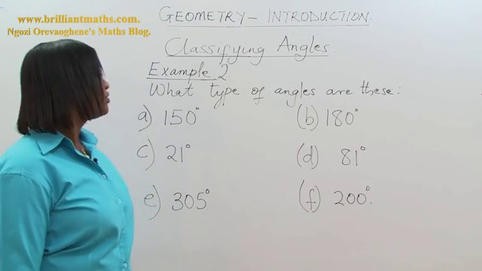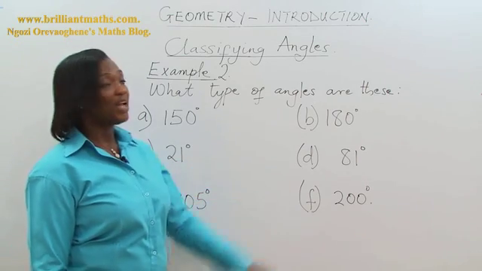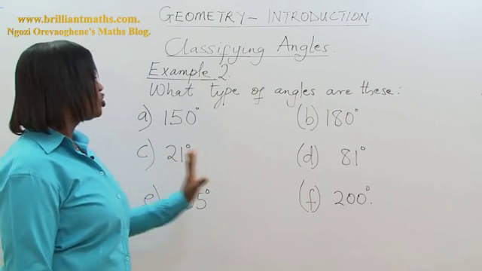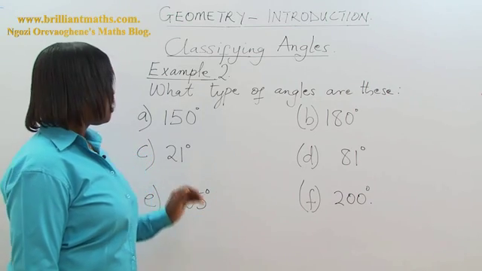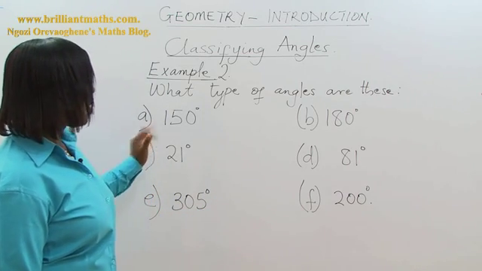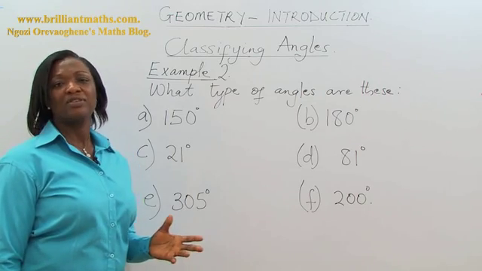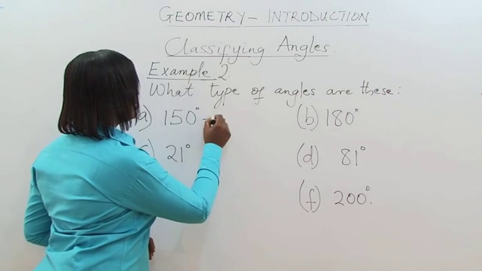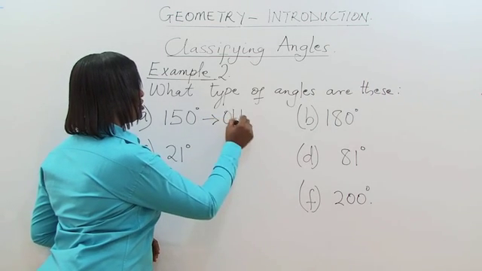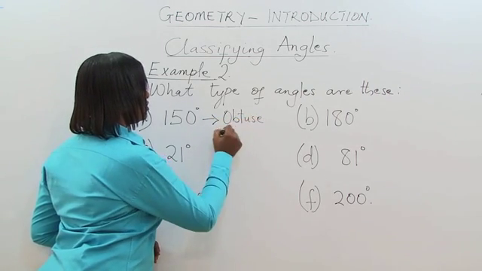Example 2. What type of angles are these? We want to be able to classify these angles by looking at the measure. The first one is 150 degrees. What type of angle is it? An angle of 150 degrees is an obtuse angle.